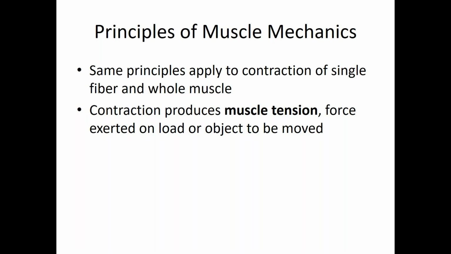And muscle tension is the force that theoretically is able to perform work, right? To move a load a certain distance. That's what work is in a physics context. Okay? Whether or not it actually does that or not is dependent on the force and the load and all these things we'll talk about. But one muscle fiber generates tension, an entire muscle generates tension. They do things basically the same way.